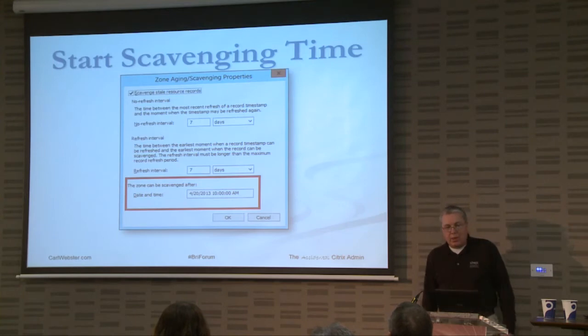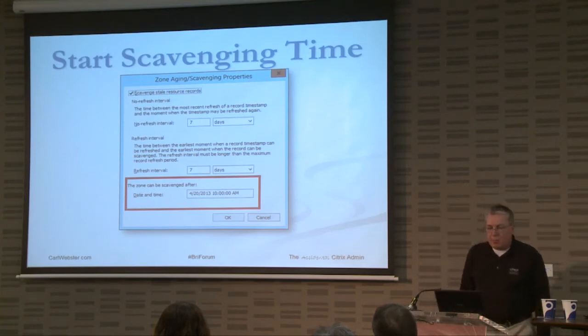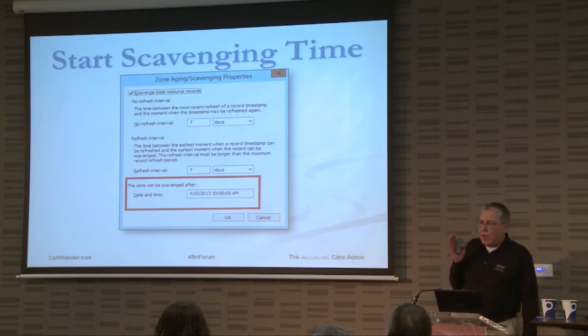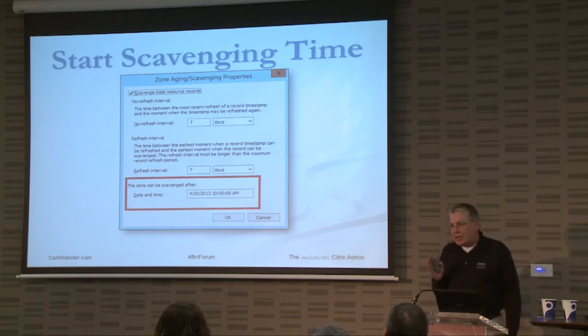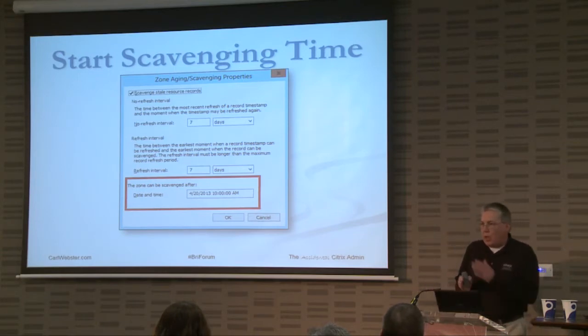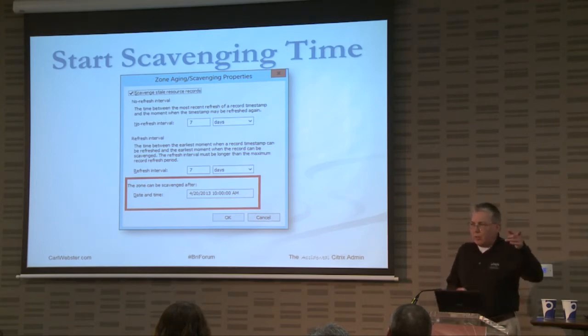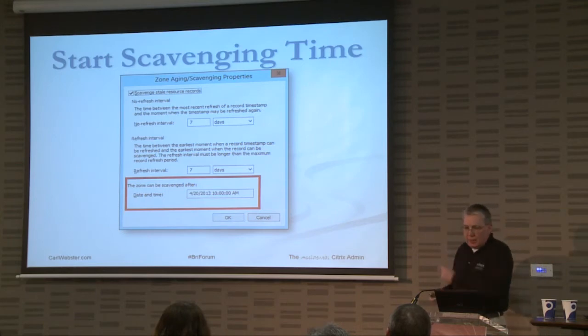The next, start scavenging time. This is the time that the server you configure as your DNS scavenging server says that I'm going to take the current time on this server plus the refresh interval and set scavenging.